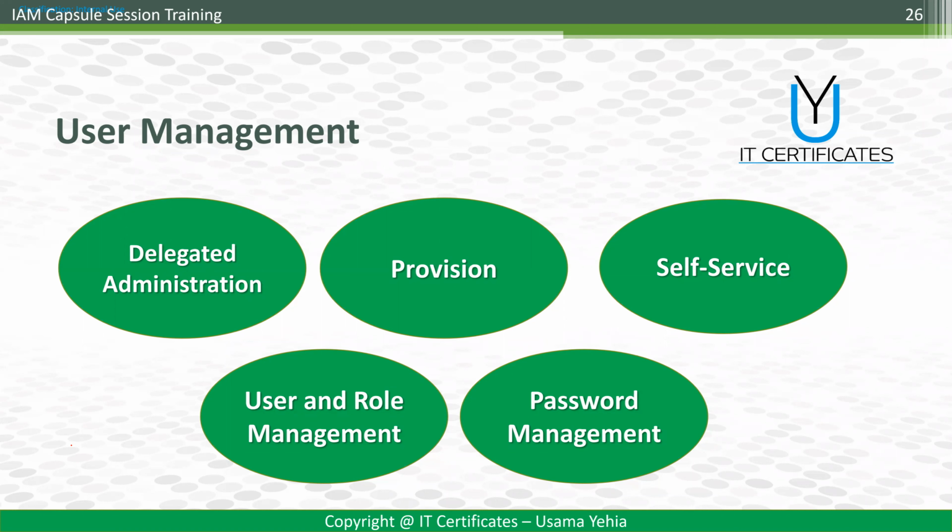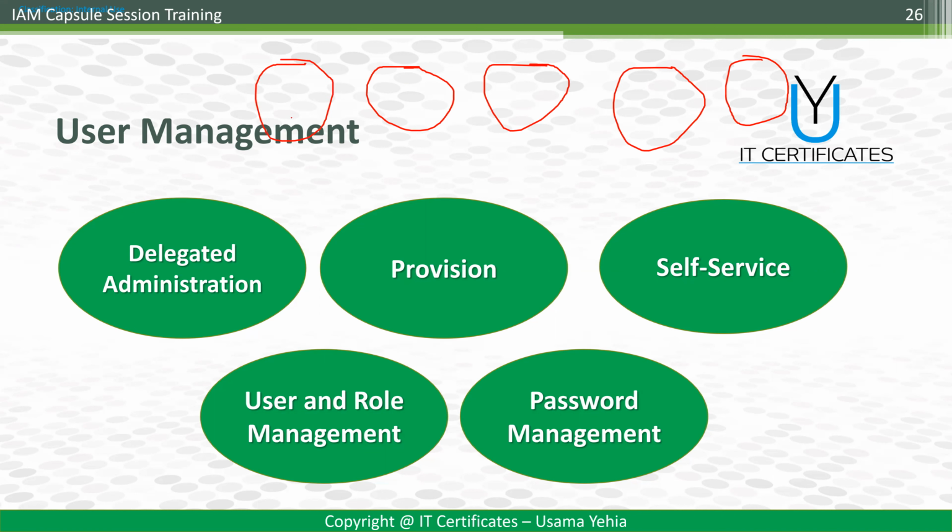You want to delegate administration for some users. For example, suppose that you have an organization with 50,000 users. Of course, it's very difficult to manage all these users as a single administrator. Then you will say, okay, these users may be located in 5 locations, and for each location I will delegate the administration of the users who reside in that area.